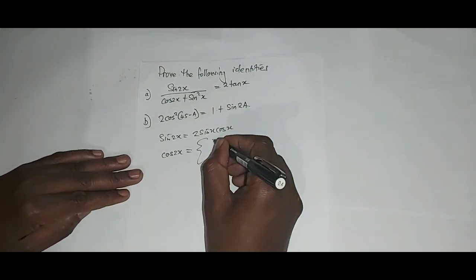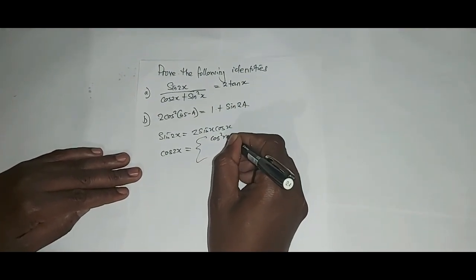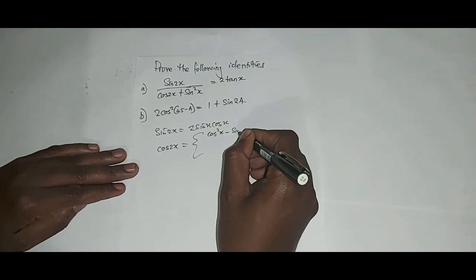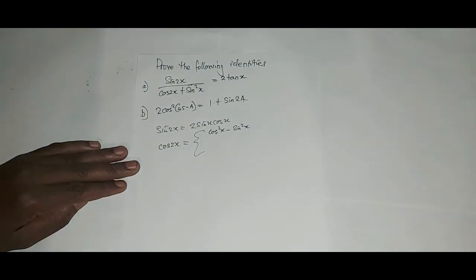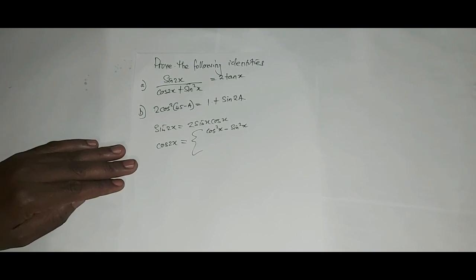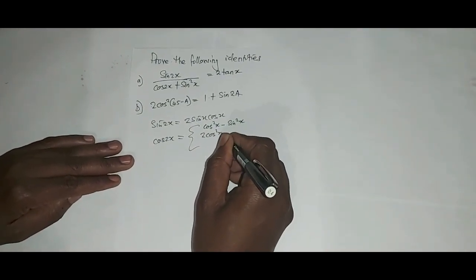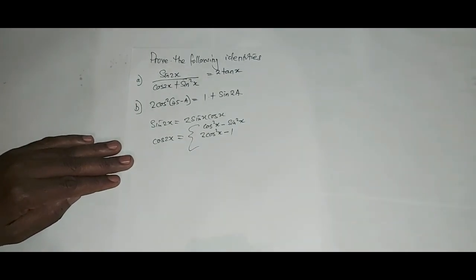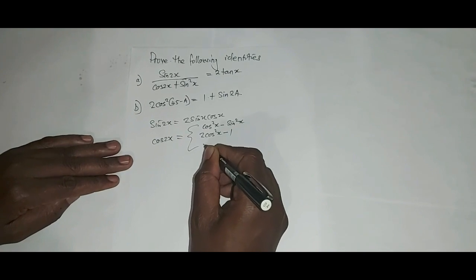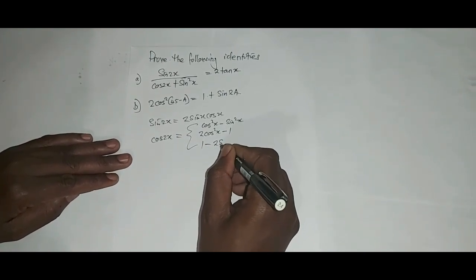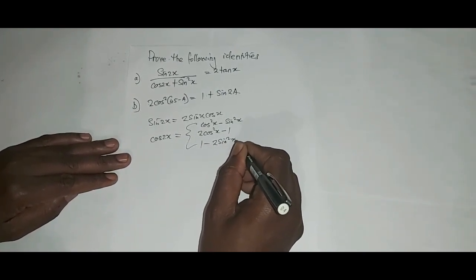The first one is cos squared x minus sin squared x. Then we also have 2 cos squared x minus 1, and we also have 1 minus 2 sin squared x.